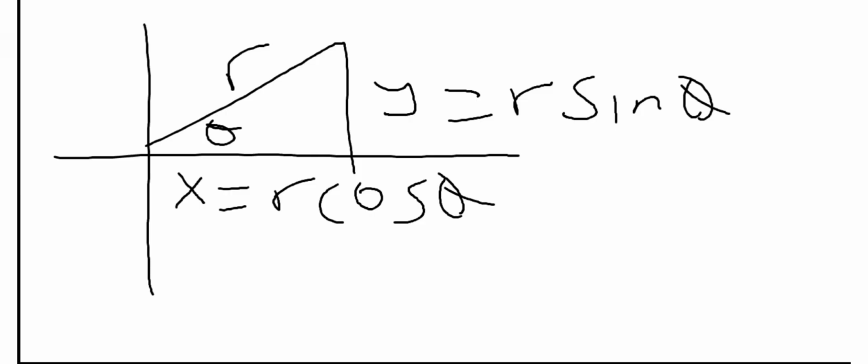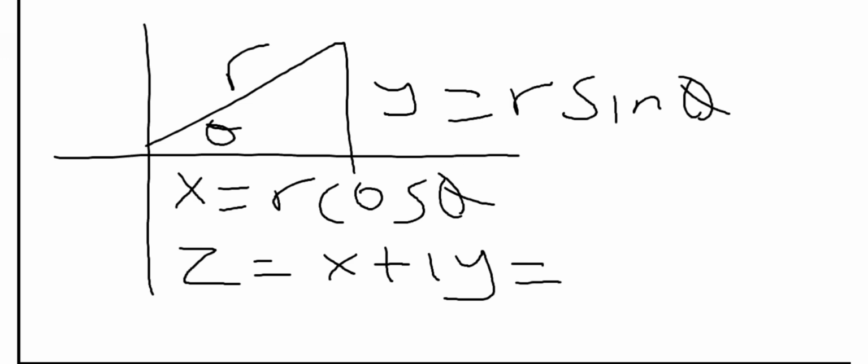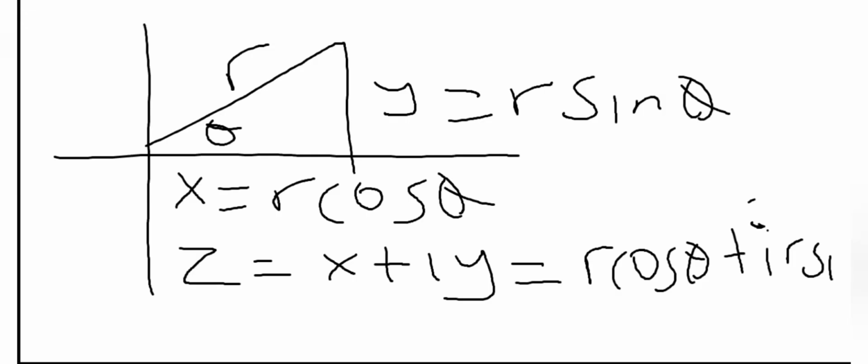So when we have z equals x plus iy, it is just one and the same as where there is x, we replace with r cos theta, plus where there is iy, we replace i r sine theta.